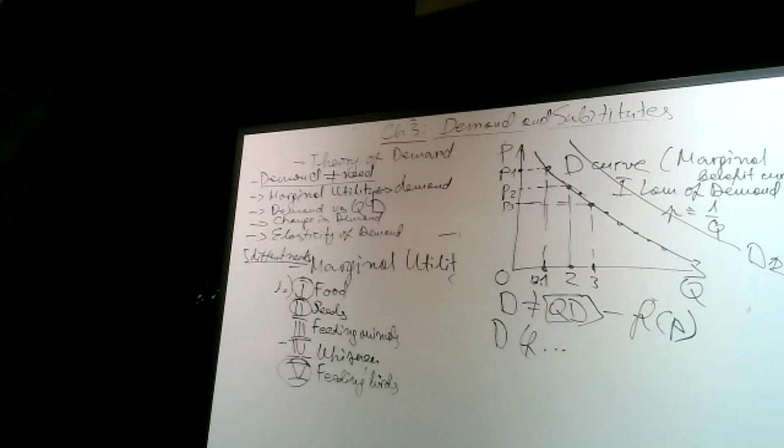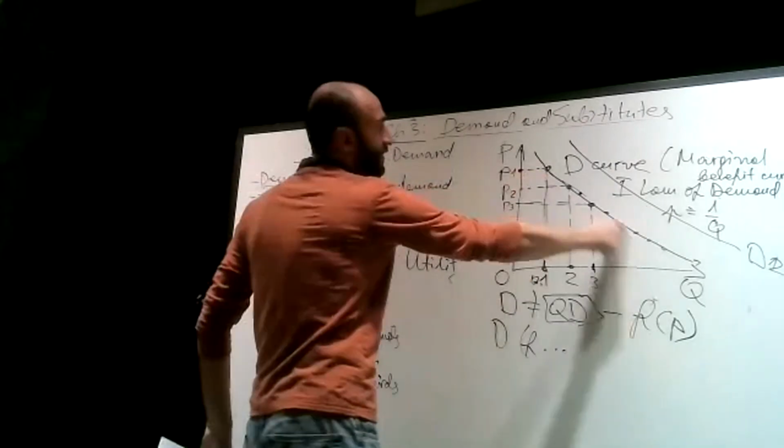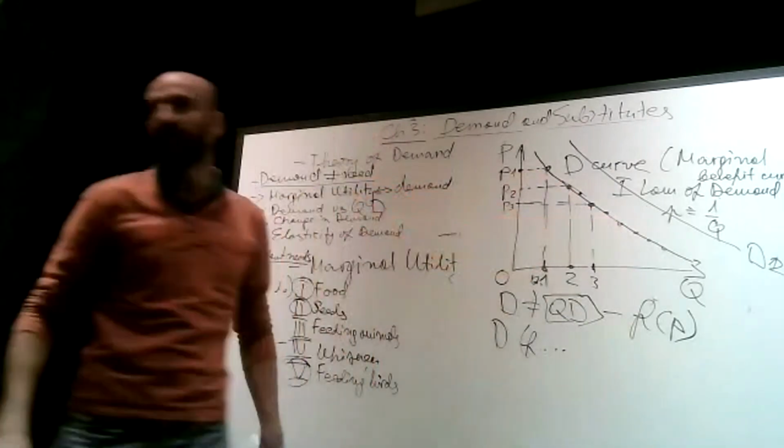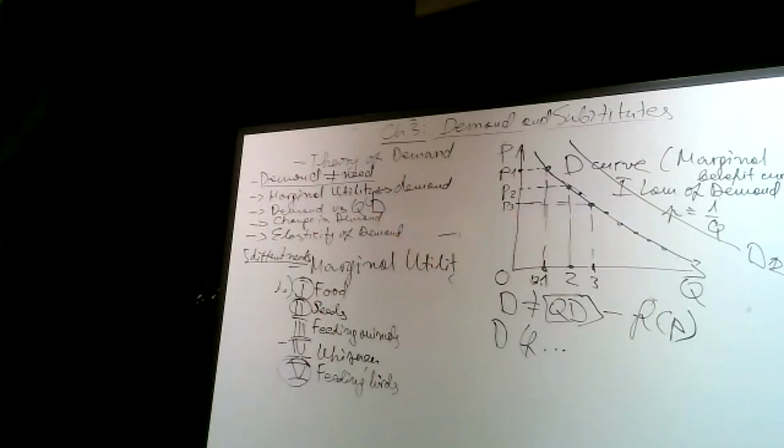Okay, so you get this difference. Changes in the quantity demanded are something that we observe, and they are dependent only on the change in prices, shown as a slide along the demand curve. Change in demand is dictated by other things rather than prices.